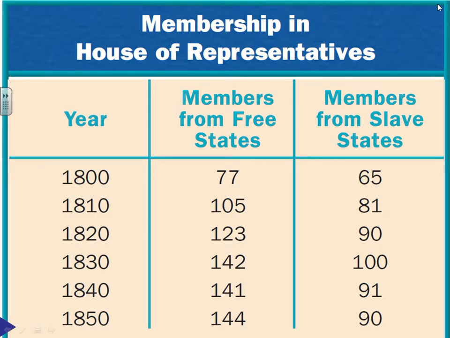But we have to keep in mind with the whole issue, it's really about power. In the House of Representatives, we can see that the North, with a growing population, both natural and through immigrants, is growing its members in Congress, and its power over the presidency is also growing.